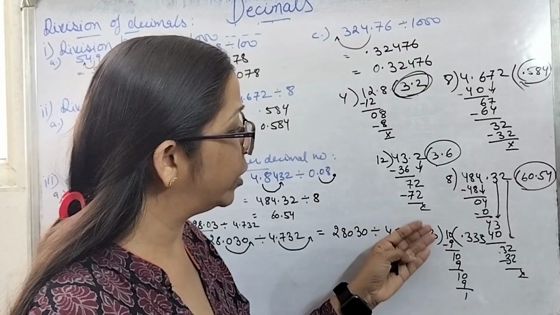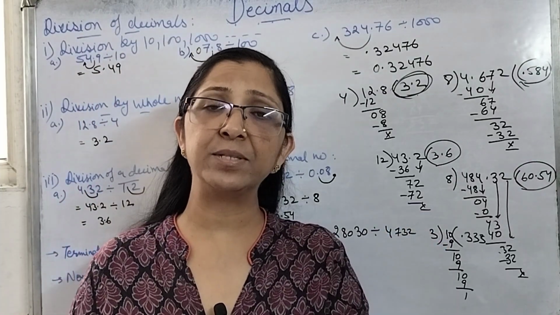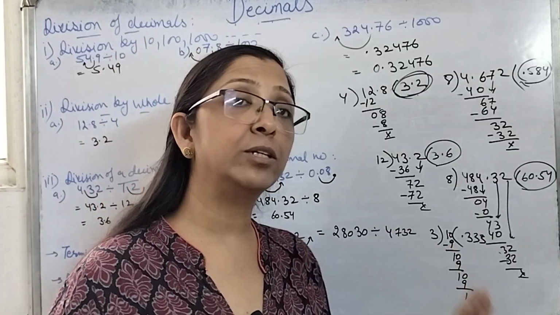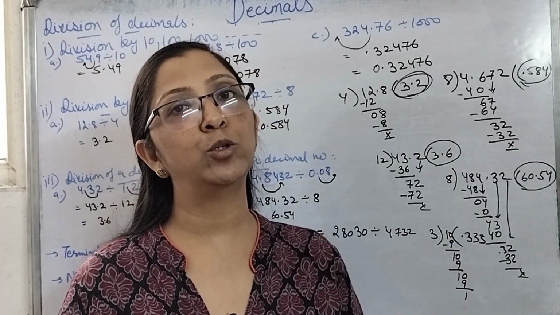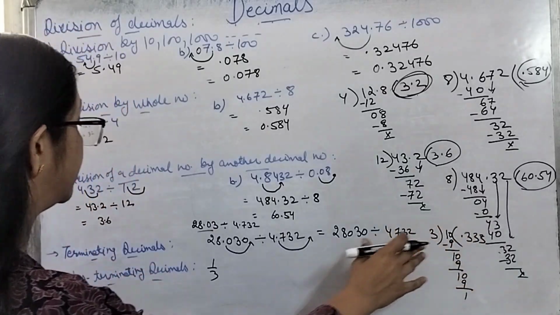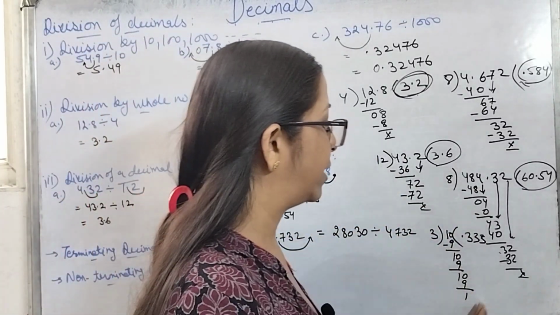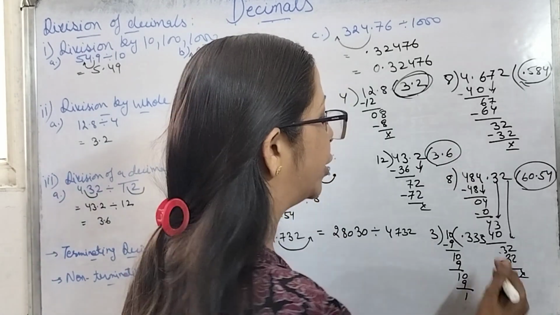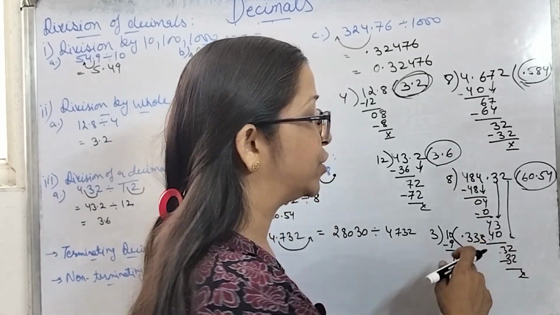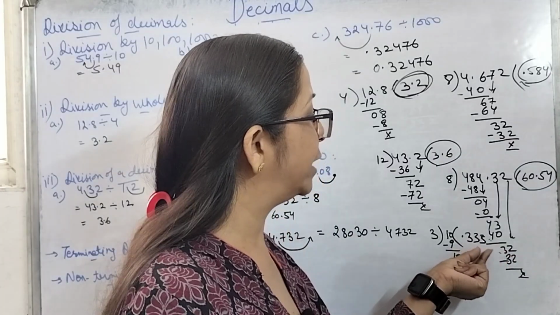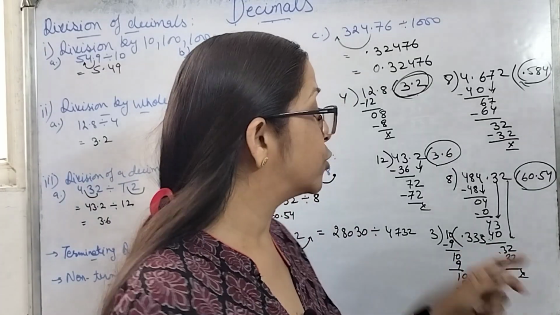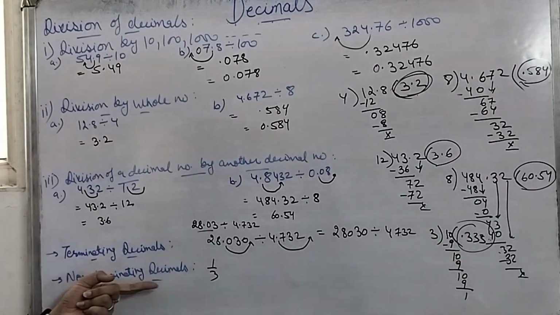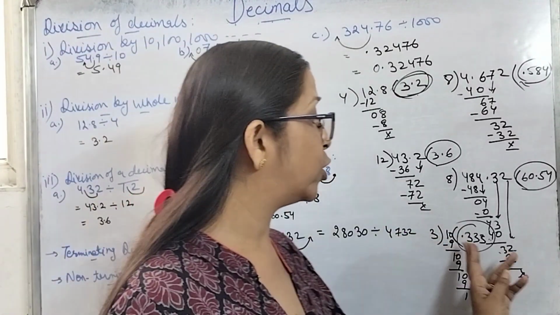And if you keep on dividing this till 5 steps, 7 steps, 10 steps, then also your remainder will be 1, and the remainder will never ever come to an end. In such divisions, your remainder is repeating again and again, or any digit in your quotient is repeating again and again. It could be any digit or a group of digits also. Such quotients are known as non-terminating decimals, because it is not 0.3.